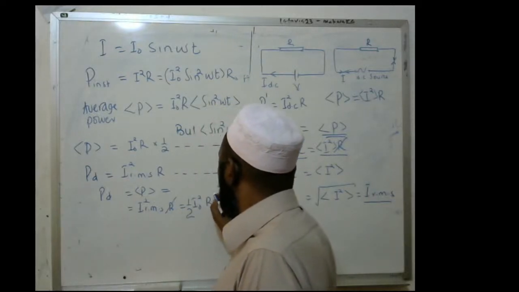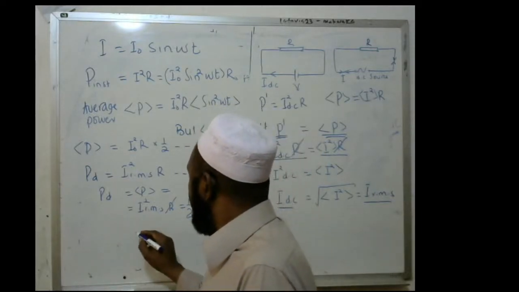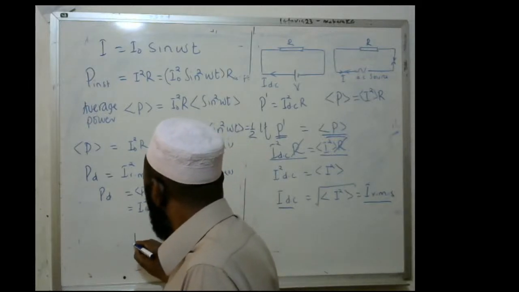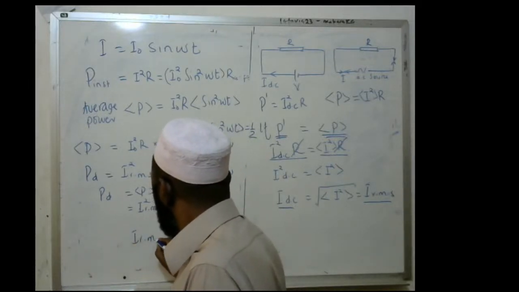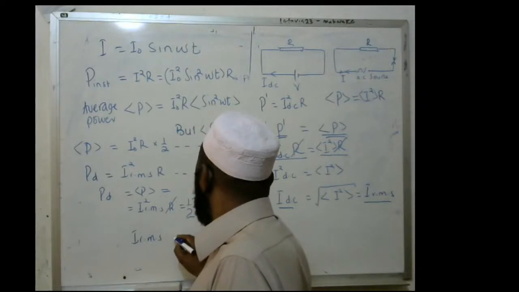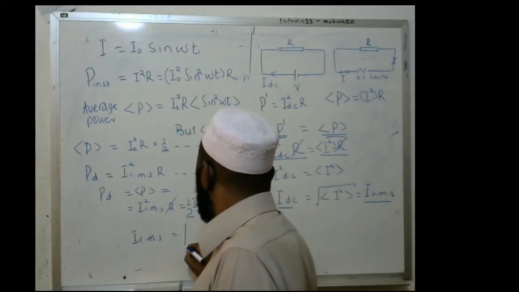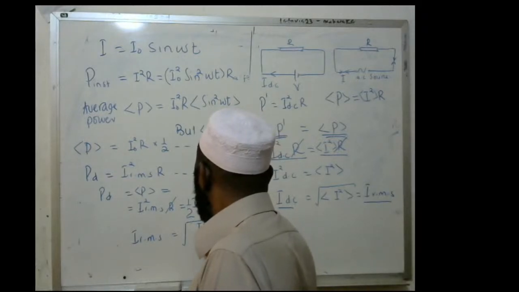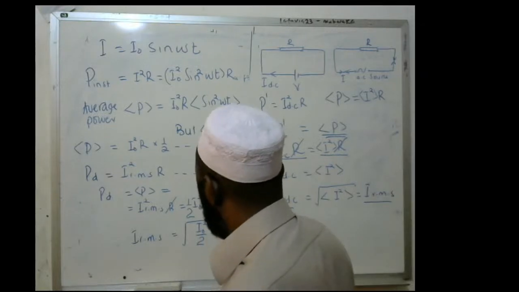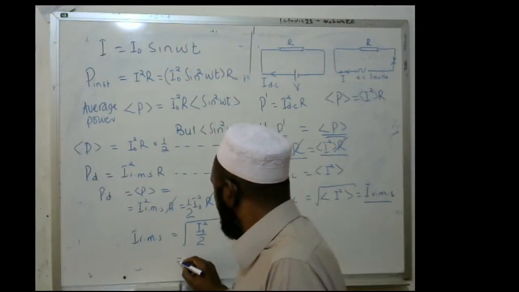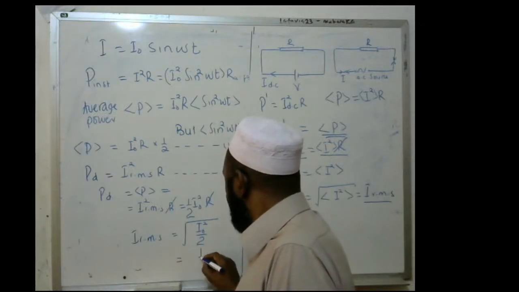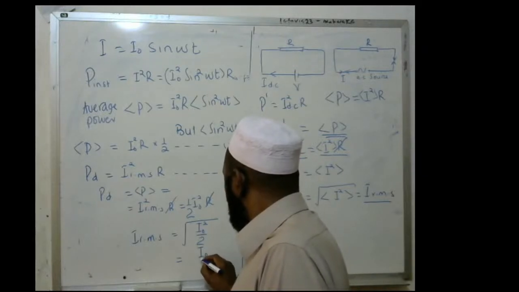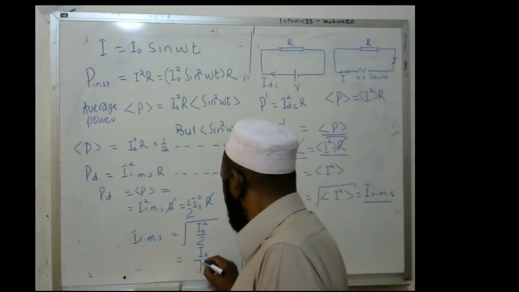The R's can go, and then we end up getting I RMS equal to the square root of I naught squared over 2. And finally, the expression turns out to be I naught over root 2.